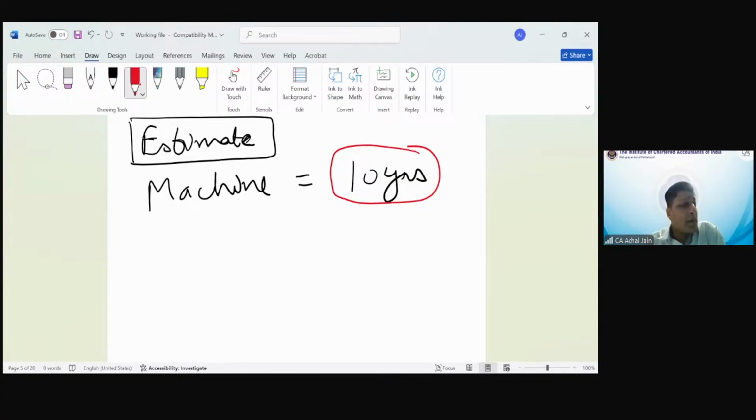Can you say with 100% accuracy that its life is going to be 10 years only? What do you think? Answer is no. Yeah, Tanisha, Devu, they are saying no. So there is some sort of approximation which is involved. Some assumptions will have to be considered, right? On the basis of which this life will be considered.